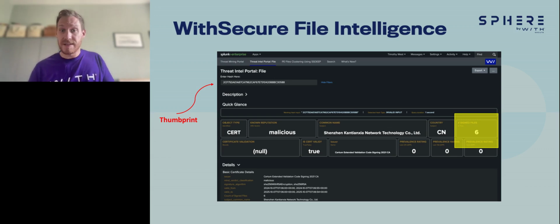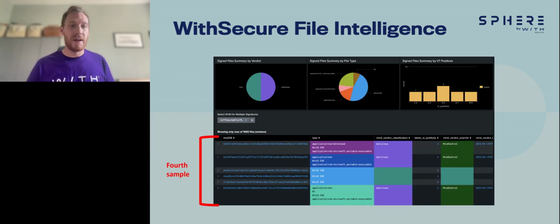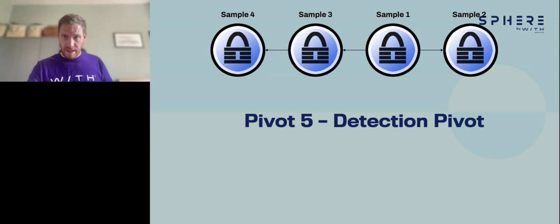What we can do really simply is search for the thumbprint of a certain certificate, or files that have been signed by it. We can, of course, use different pivots as well using our proprietary portal here that is built on Splunk. But what you can see is 6 samples have been found within our database. Now, if you remember that each sample was made up of 3 components, therefore within the 6 there is a 4th sample. So now we have 4 samples. Pivot 5, detection pivot.